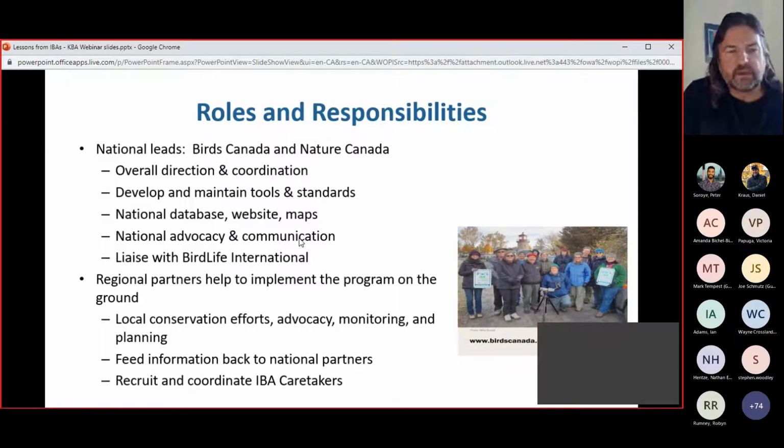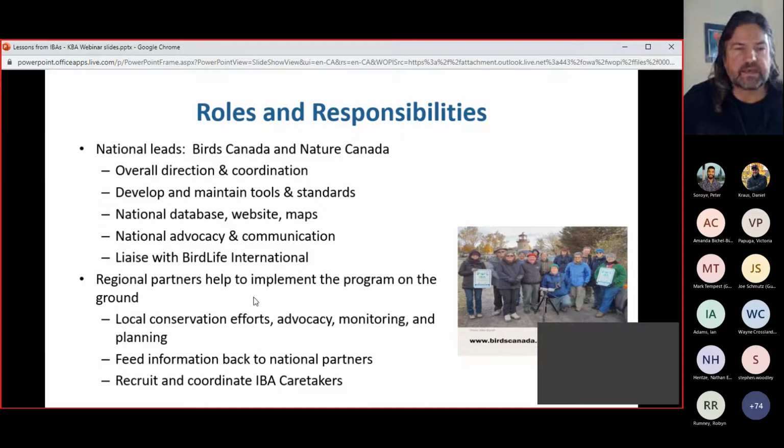And then we also have a suite of what we call regional partners working in provinces, usually by province. This is really needed to help implement the program on the ground, because the national partners can't be everywhere. And in any case, it's better to have local representation working on sites.